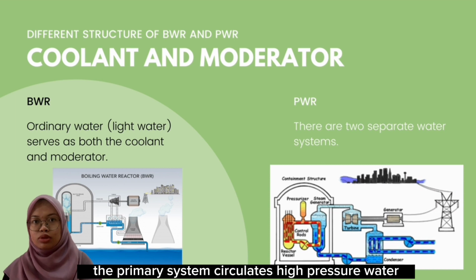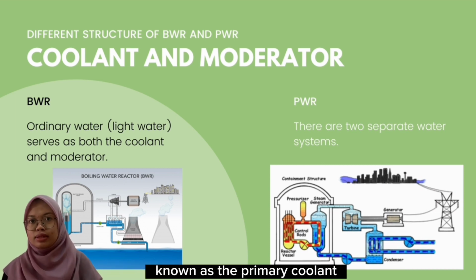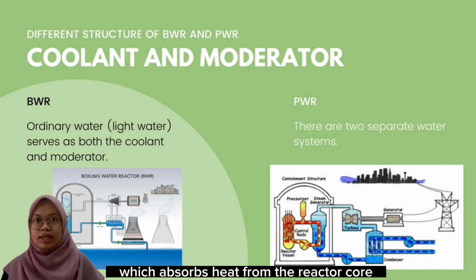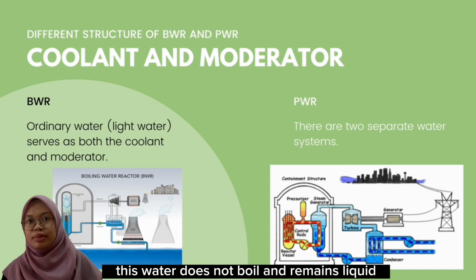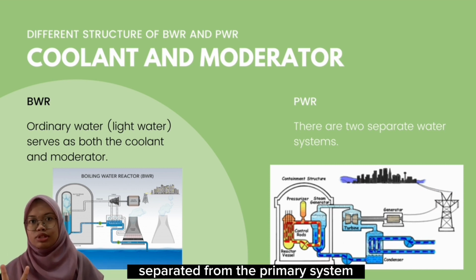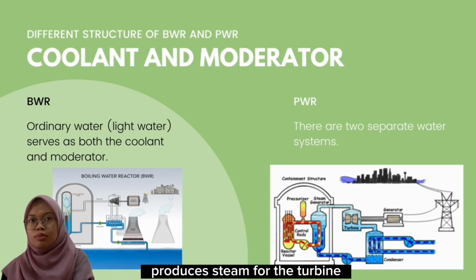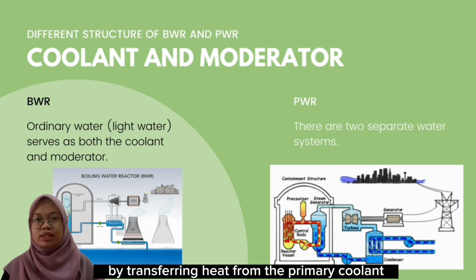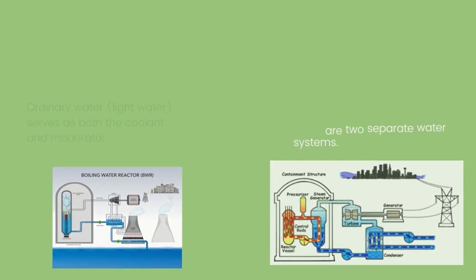The primary system circulates high pressure water, known as the primary coolant, which absorbs heat from the reactor core. This water does not boil and remains liquid. The secondary system, separated from the primary system, produces steam for the turbine by transferring heat from the primary coolant to a separate water loop.